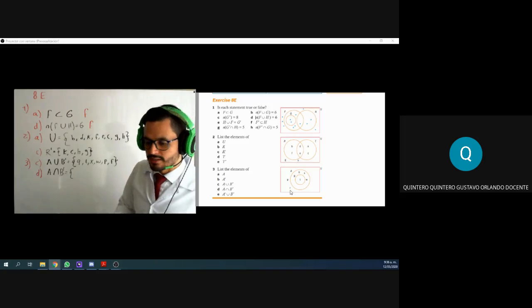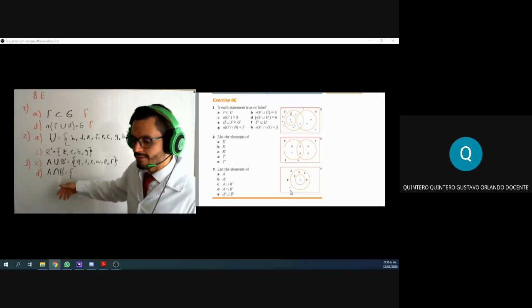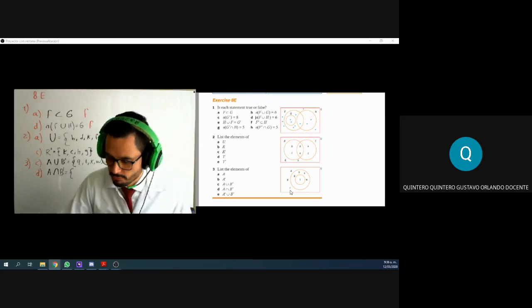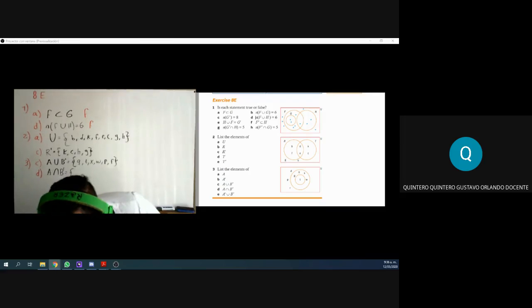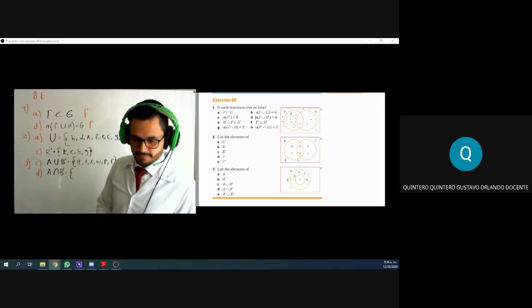Now the question is, since we are using intersection, what are the elements that are on both? The common elements. Please write them in the chat if you can see the elements in common. Let's see if you get it. Okay, Gaby Ramirez did it.